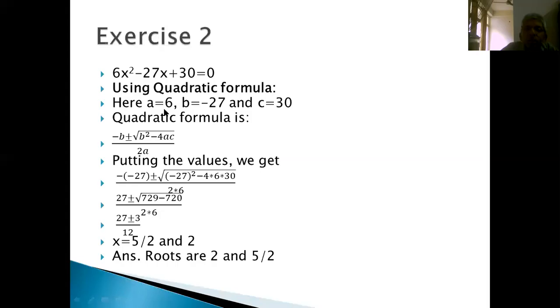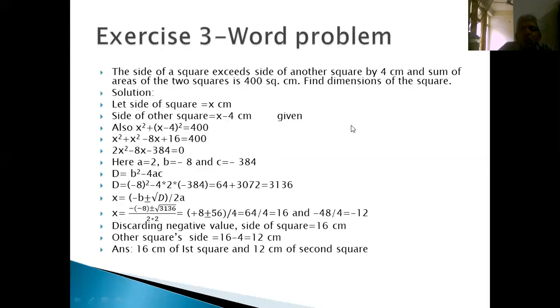Now we move to the next exercise. It's a word problem. So what do we do here? We say the side of a square exceeds the side of another square by 4 centimeters, and the sum of areas of two squares is 400 square centimeters.